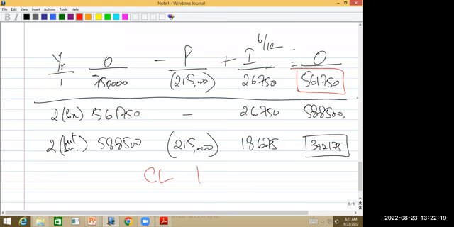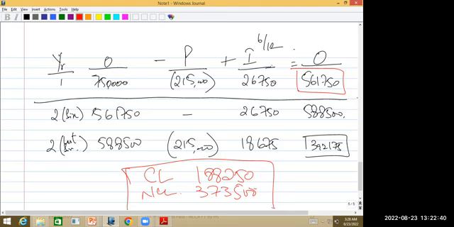Current liability is 188,250. Non-current liability will be 373,500.